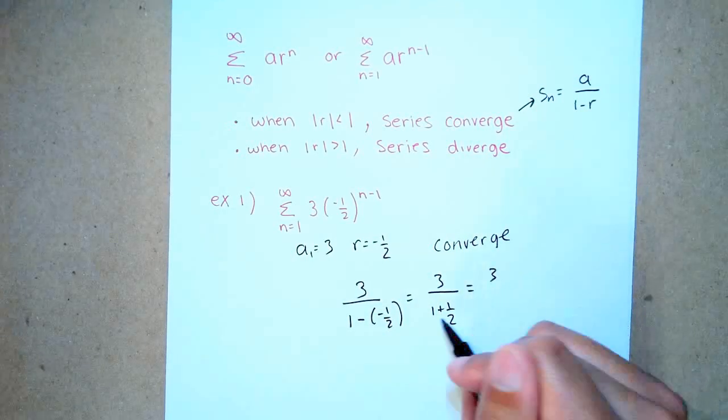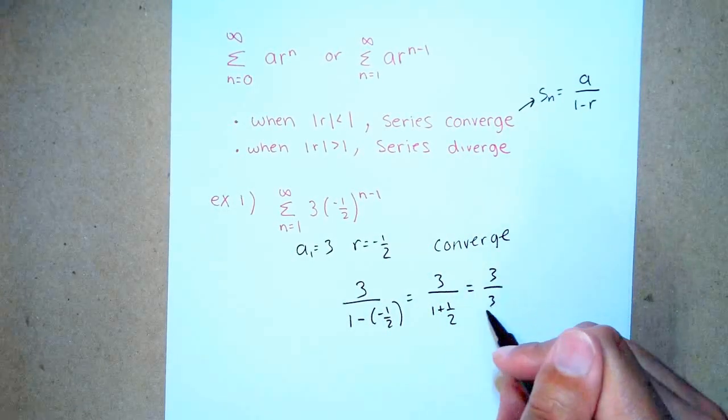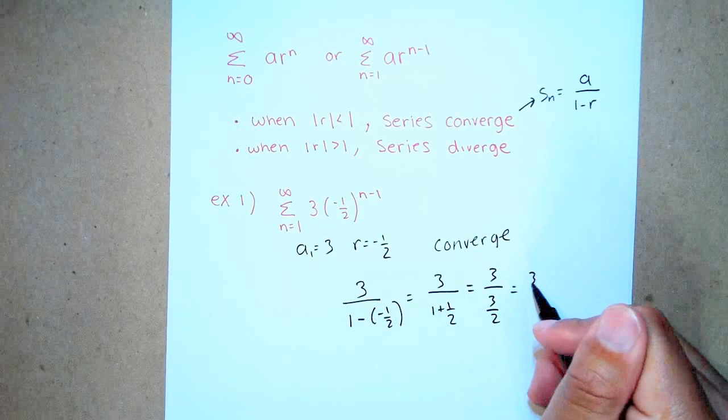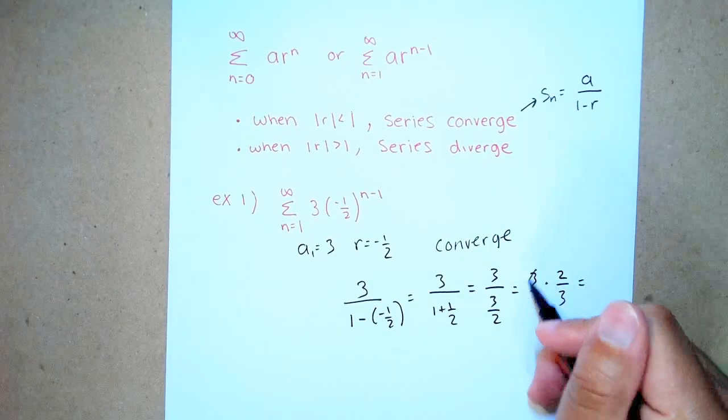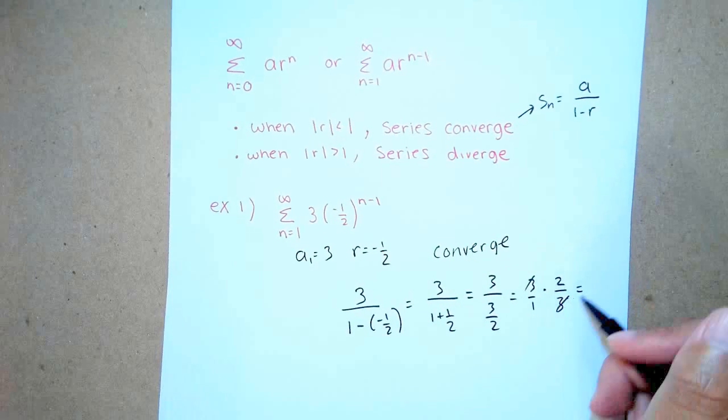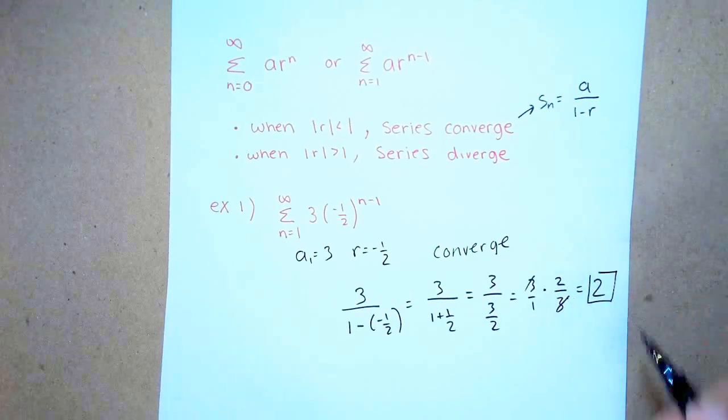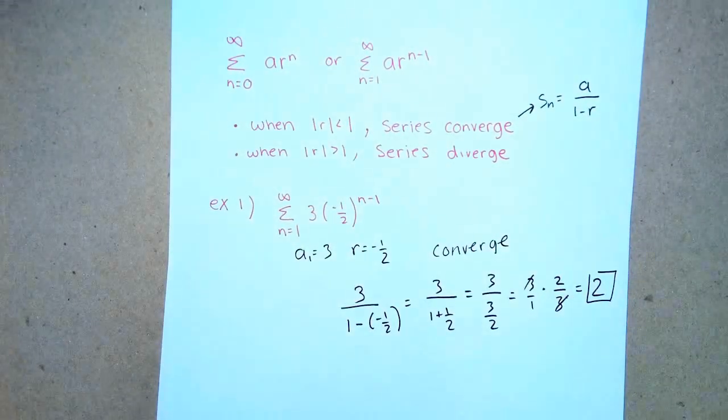Combine like terms. 1 1/2 is 3/2. Keep, change, flip. And this is going to cancel out, which means that your sum is going to equal 2, and that's your final answer for this geometric series.